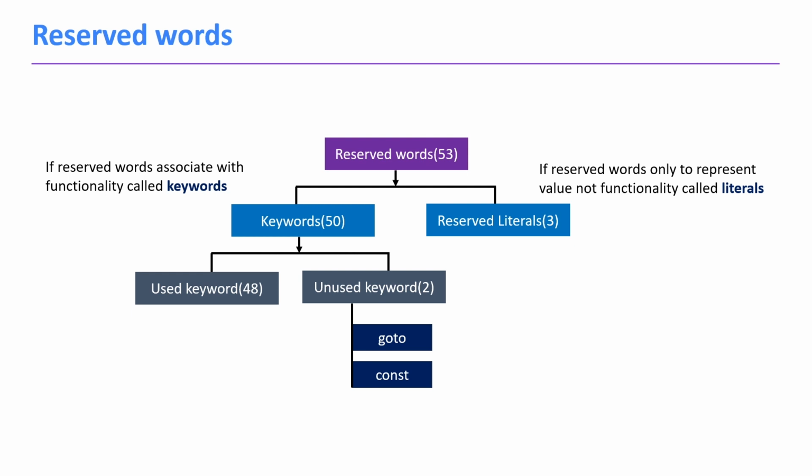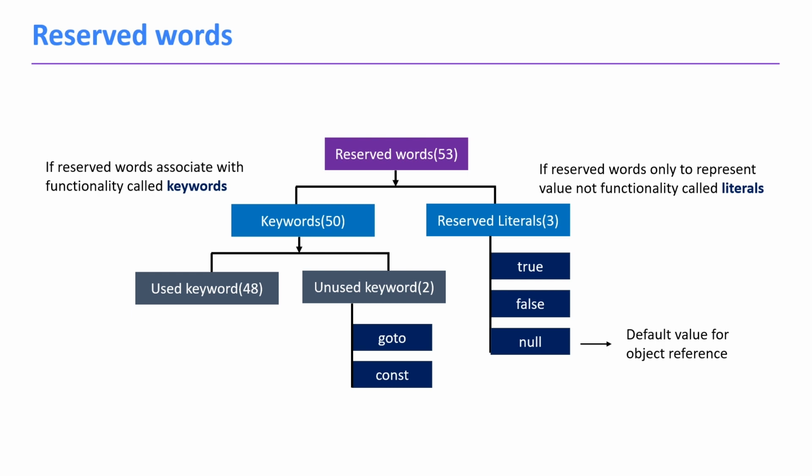Inside the unused keywords we have goto and const. And in the reserved literals we have true, false and null. True and false are the boolean values and null is the default value for object reference. So these are the categorizations of reserved words.